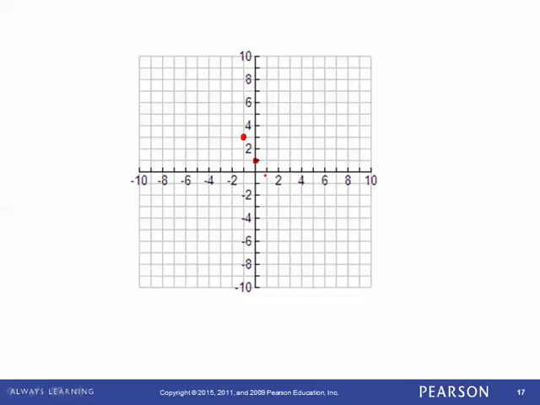And then anybody with the calculator figured out where is negative 1 plus square root of 1.5? Probably a little bit above 0, huh?